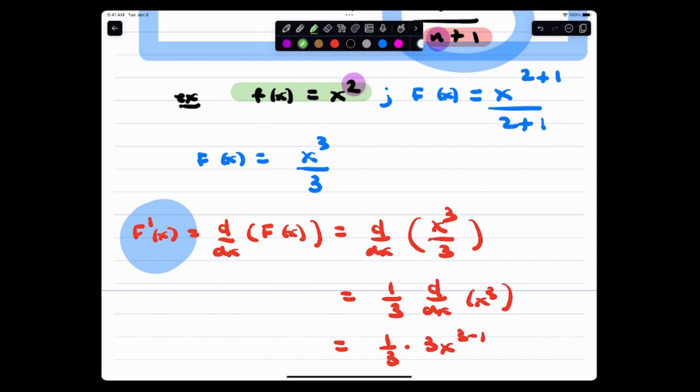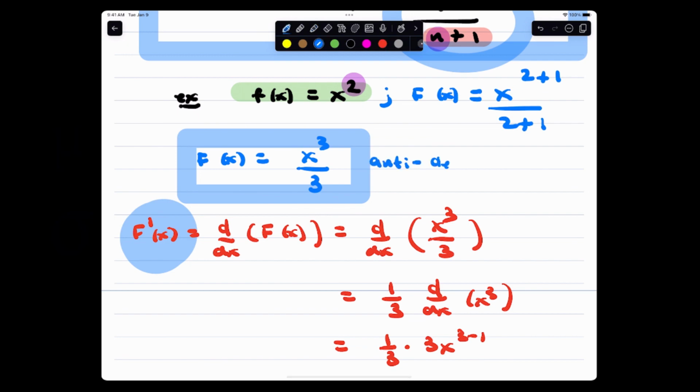Yes. So what is your antiderivative? It's right here. That, ladies and gentlemen, is what they're looking for, big F. The anti what? Derivative. Easy peasy lemon squeezy.